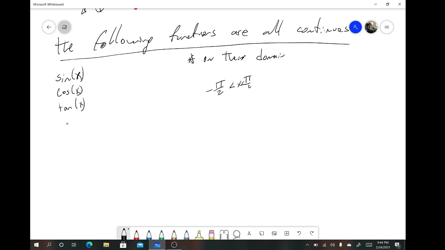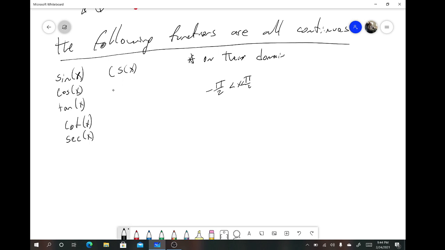So what else? Cotangent of x is continuous, secant of x is continuous, cosecant of x is also continuous.